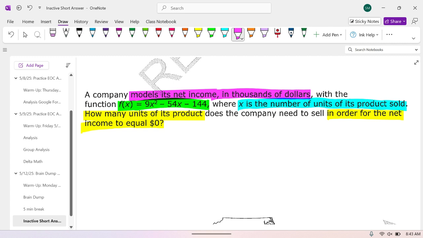So let's look at the question again and prepare some attack. So if it's asking us how many units of product, what do you think we're solving for, X or Y? X. Why do you think it's X?